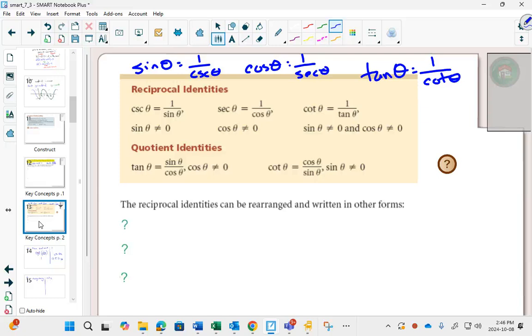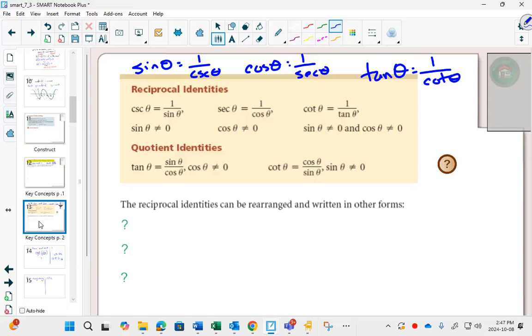But if I go to cosecant, I could change it to 1 over sine. If I had a secant, I could change it to 1 over cos theta. If I have a cotangent, I have the choice to change cotangent to 1 over tangent, but I also could change it to cos theta over sine theta. And same thing with tan theta, you can change it to sine theta over cos theta.